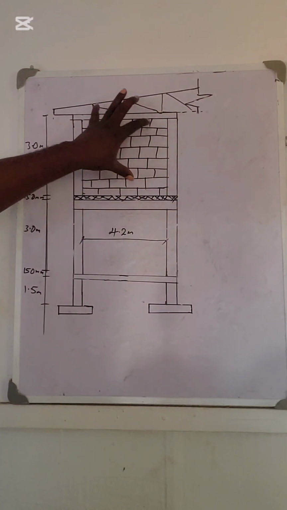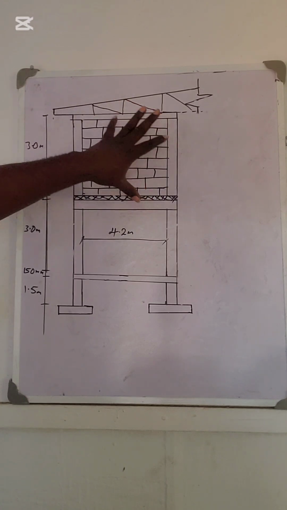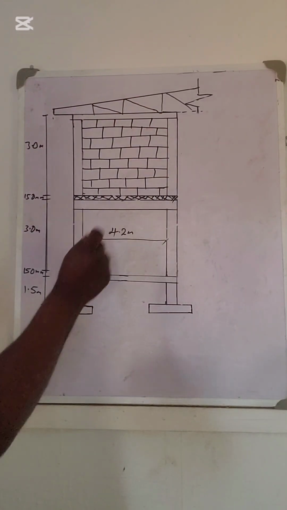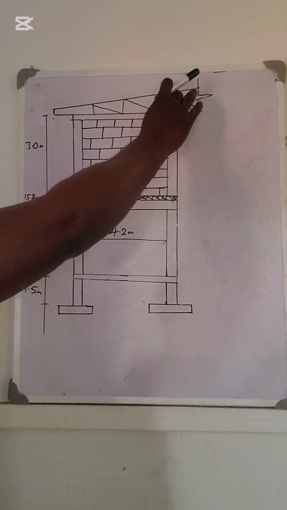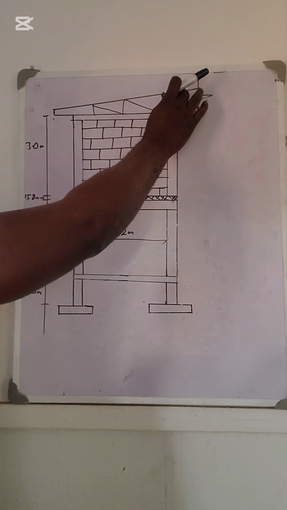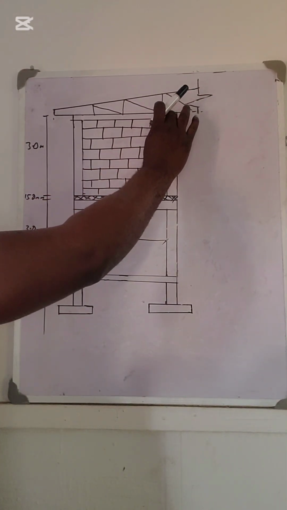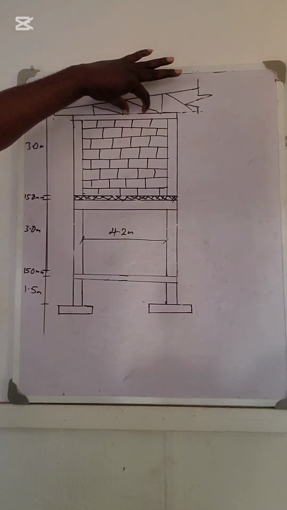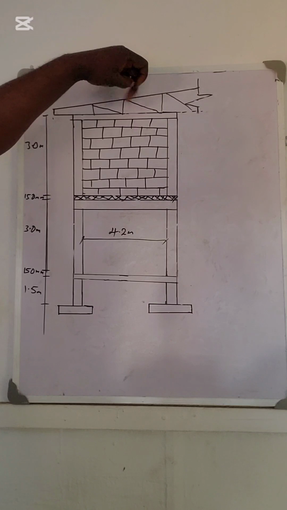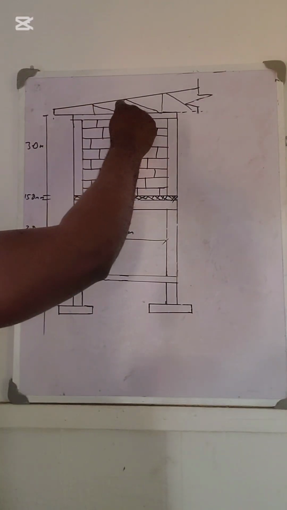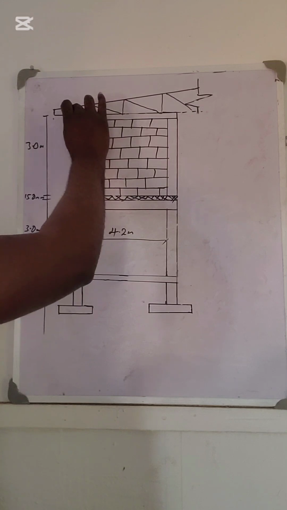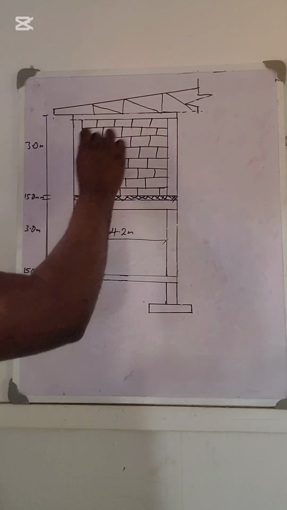So how are the loadings transferred from each member to the beam? Remember we are talking about the first floor beam. Now we have the roof. The roof load is going to be transferred to the roof beam. So the roof beam will take care of the roof load. After transferring the load from the roof to the roof beam, then the roof beam transfers to the columns.